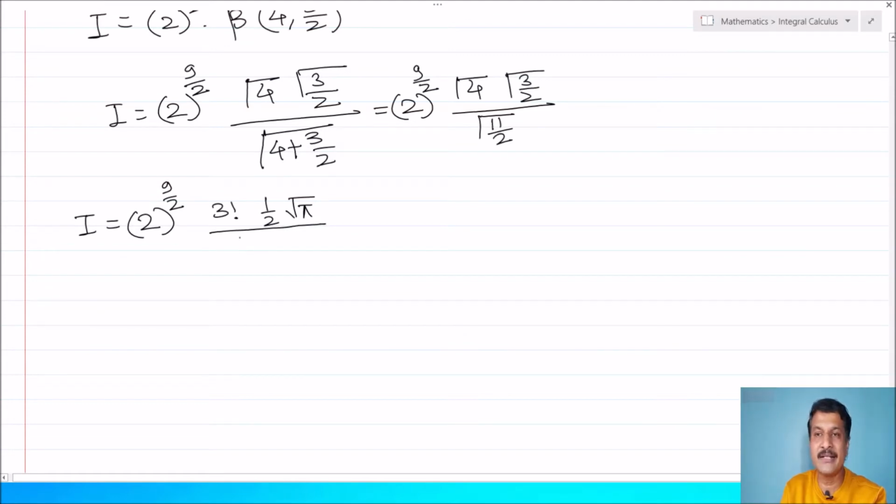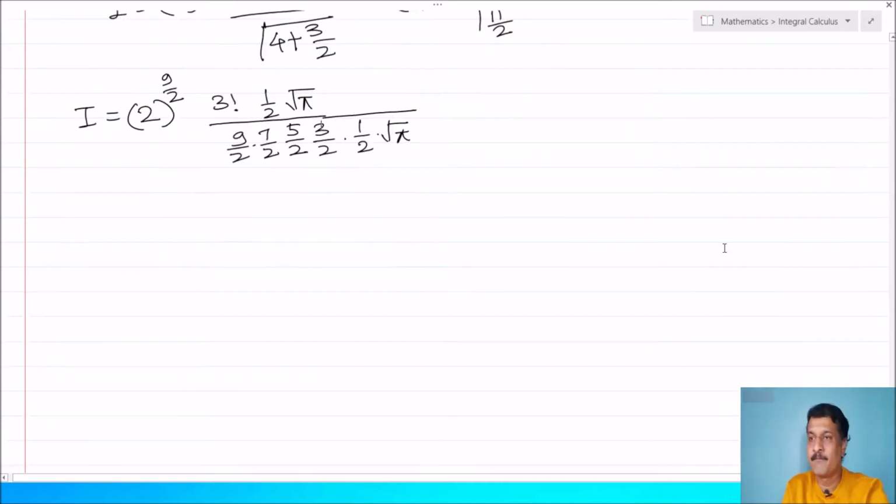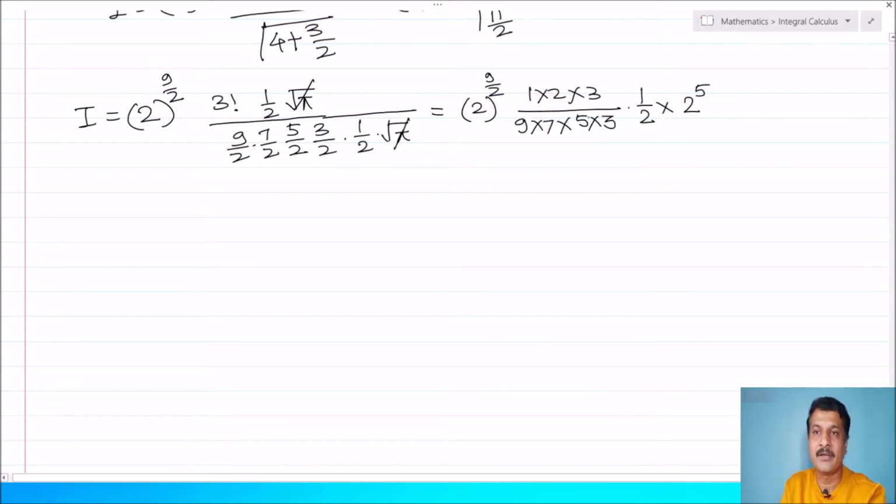It means that it is 9 by 2 into 7 by 2 into 5 by 2 into 3 by 2 into 1 by 2 into root pi. So I equal to, so simplify it. So this root pi gets cancelled. So by calculator you can find this value, or by simplification also. So simplify this.